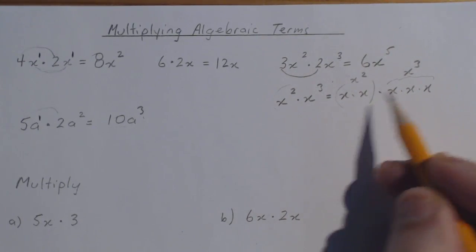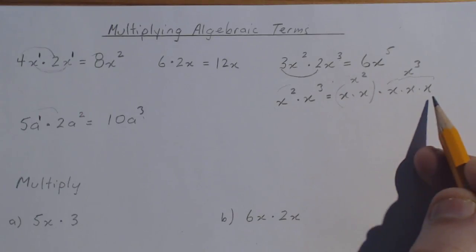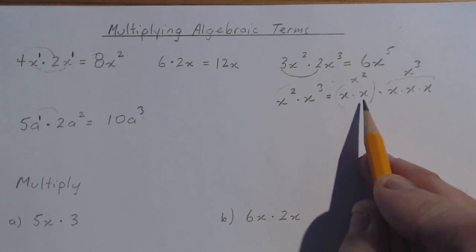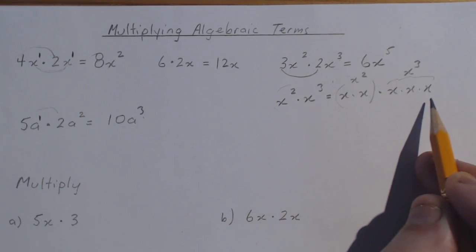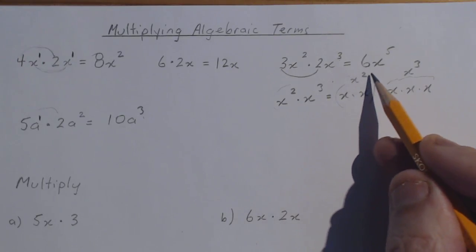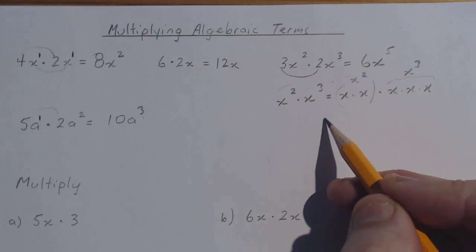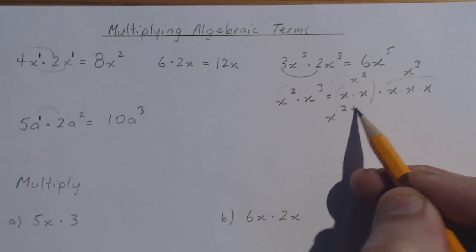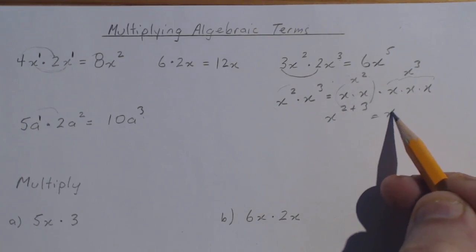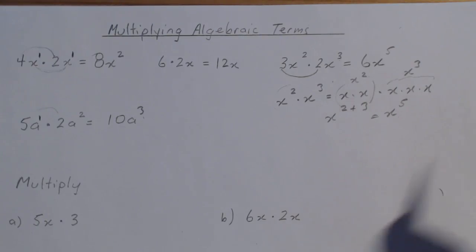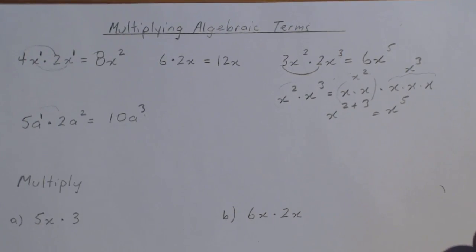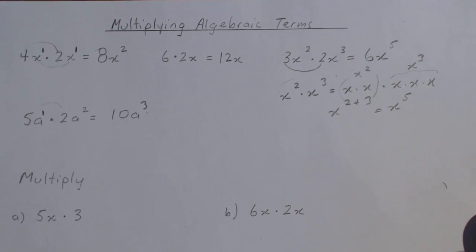Now, as you can see, how many x's are there altogether? When you add them up, we have 1, 2, 3, 4, 5. So what you do, you add the powers, x to the power of 2 plus 3. So x to the power of 2 plus 3, we get x to the power of 5. So that's why you always add exponents when you multiply variables.